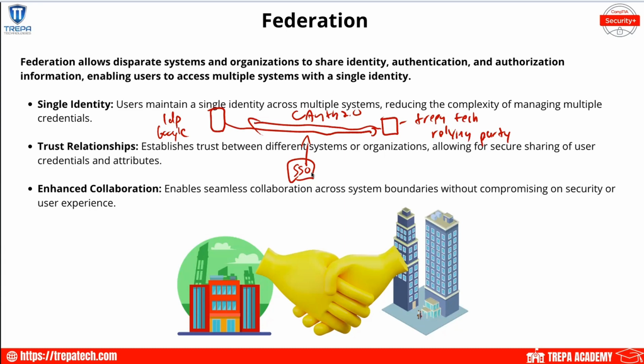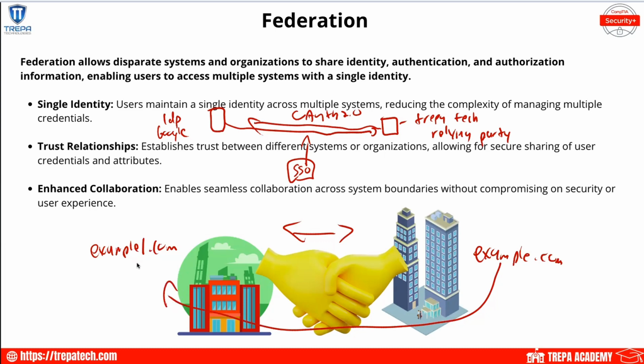Let's say companies are merging and now we have two separate Active Directory forests, and users from example.com will need to access resources from example1.com. That's why they merged, right? They had similar names. Well, now we may need to configure some transitive trust here to allow users to access some resources here and users here to access resources there.